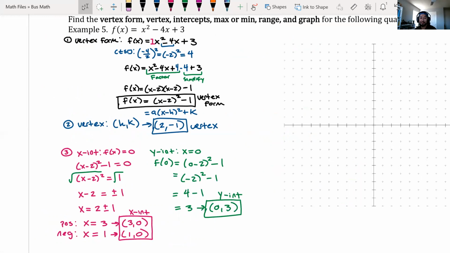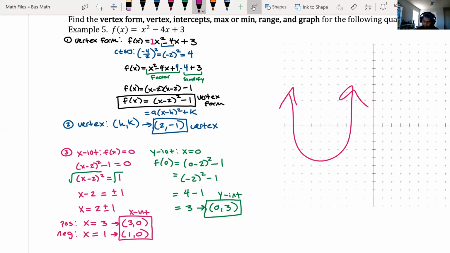Almost there. Now we want to know if we have a max or minimum. Well, you can tell without graphing if you have a max or min based on your leading coefficient. Here on the vertex form and the standard form, the leading coefficient is a positive 1. So if you have a positive leading coefficient, remember that means that your graph will open up, creating a minimum.